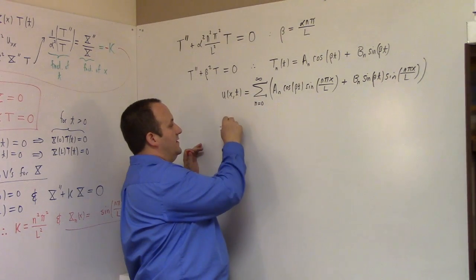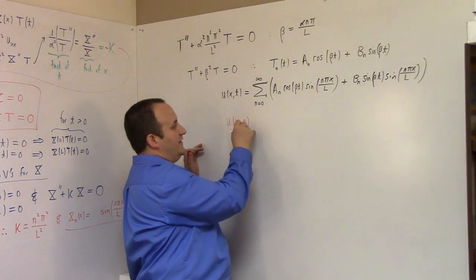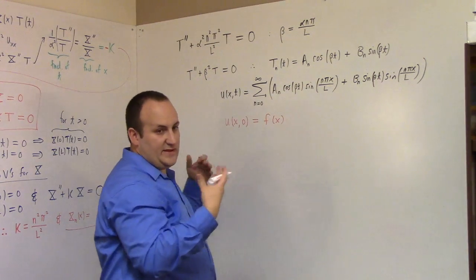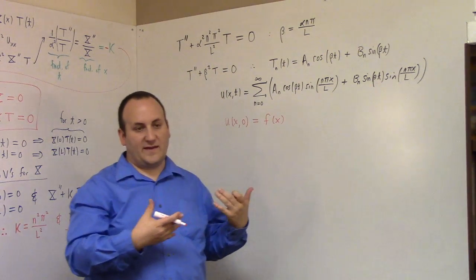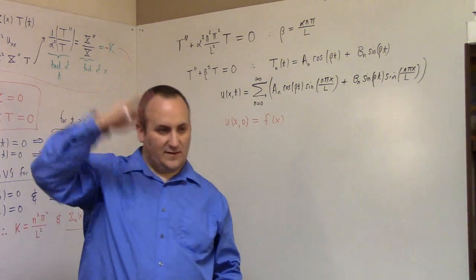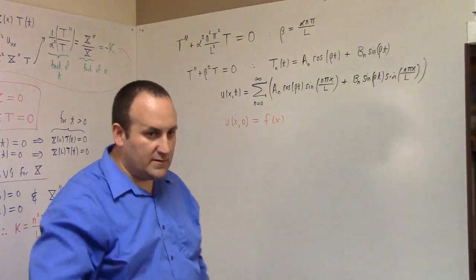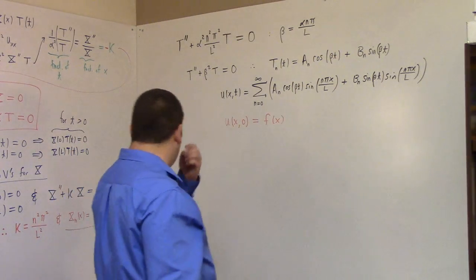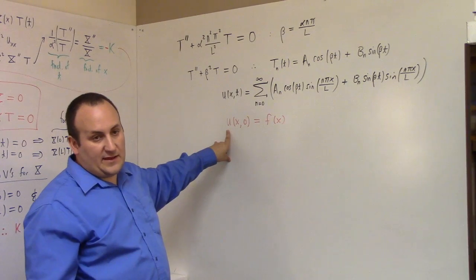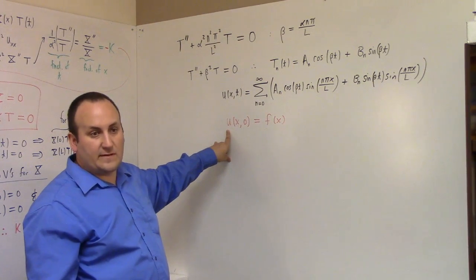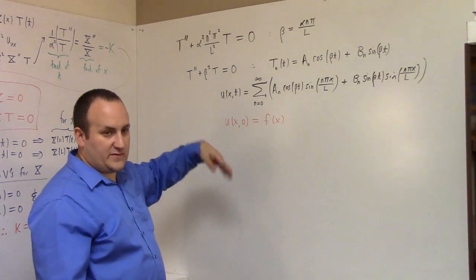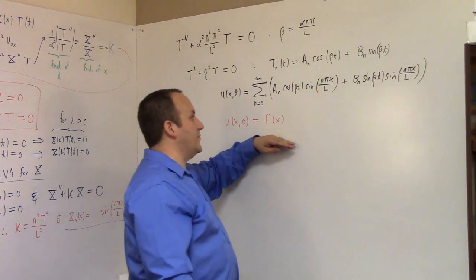U of x, 0 is given to be f of x. f of x is some function that describes the initial shape, the graph of the string to start with. U is the vertical displacement of the string off the center line of vibration. Sometimes u is y if you look at a physics text.